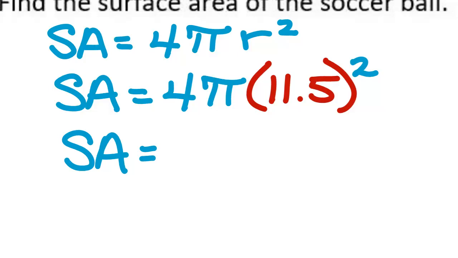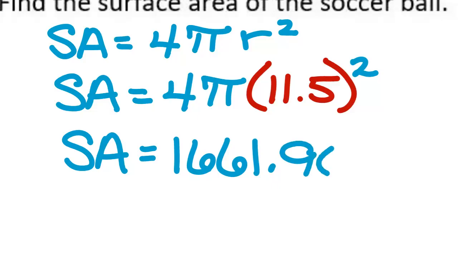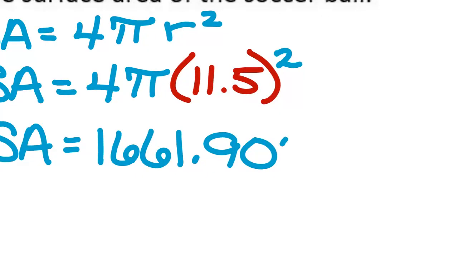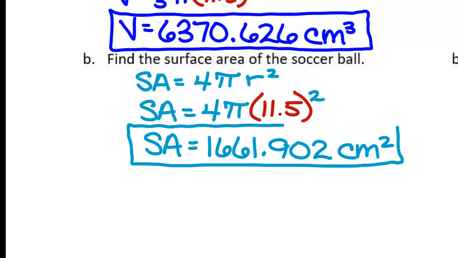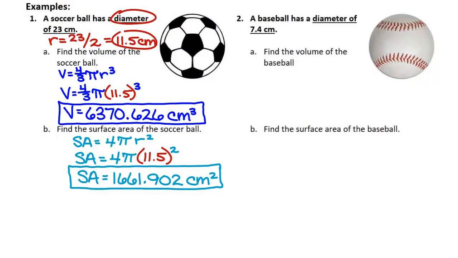What do we get when we do that? 1661.902? And that would be centimeters cubed or squared? Squared. For surface area, this is just like all the other area problems we've done. Surface area gets squared units.